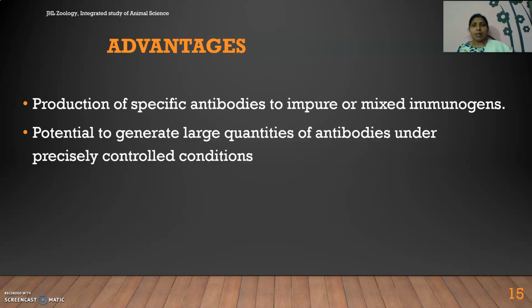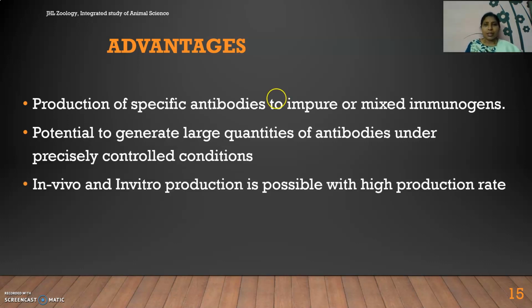It is a potential method to generate large quantities of antibodies under precisely controlled conditions. The rate of in vivo and in vitro production of the monoclonal antibodies is high. And these are immortal cell lines.